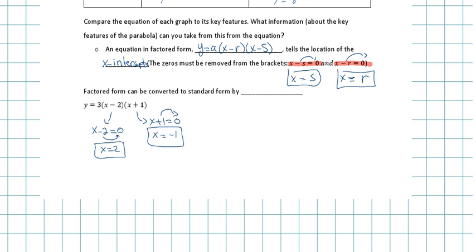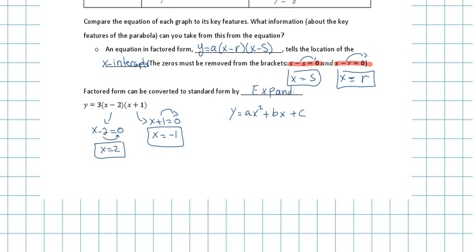What's standard form? y equals ax squared plus bx plus c. How can I go from factored? What other word is there? There's a word that starts with an E. Expand. Yes, expand.